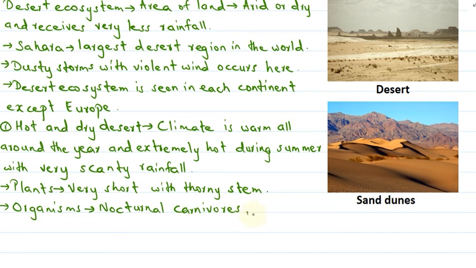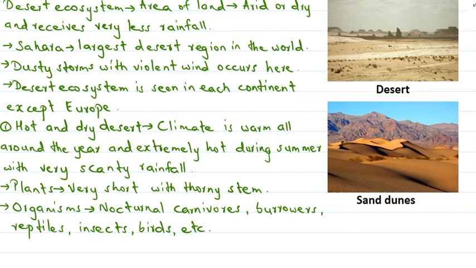Okay, then we can find here the burrowers, then reptiles, insects, birds, etc. All these organisms can be usually seen in hot and dry desert.